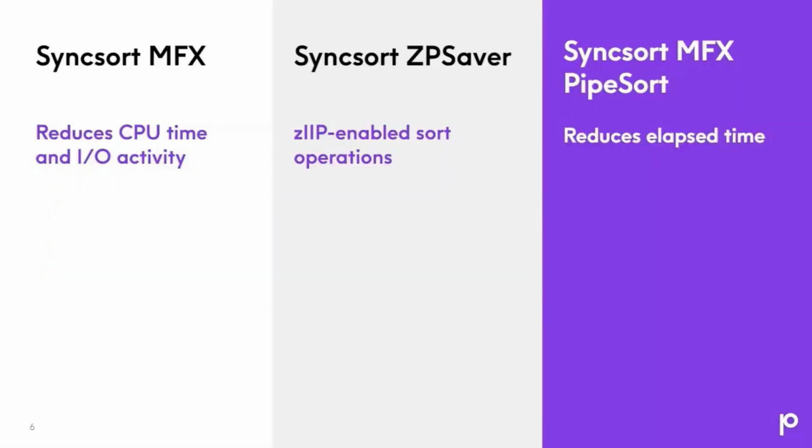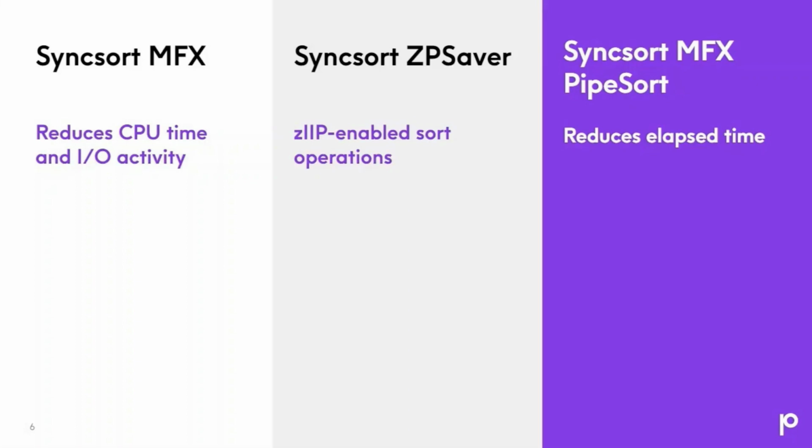There are several solutions that we have in our portfolio, and these are 3 of them. As I said, MFX reduces CPU time and I/O activity. ZipSaver is our solution to offload zip-enabled sort operations.